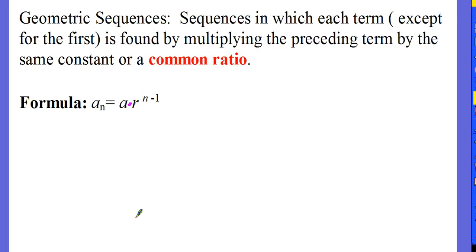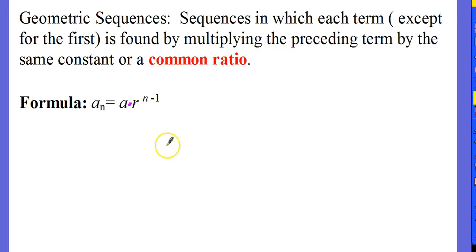So you will see answers on today's assignment that are in the 100,000s, or they are tiny, tiny fractions, okay? Because it's exponential, so it grows fast, or it gets tiny fast.